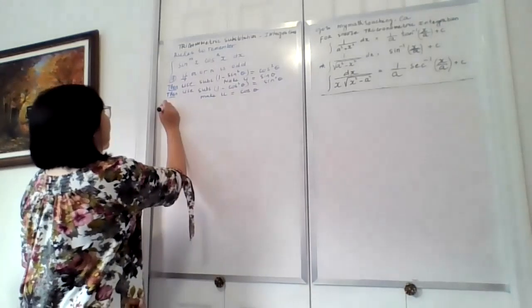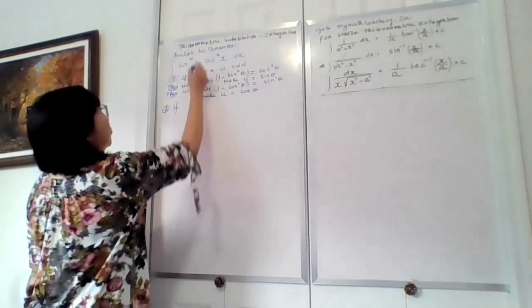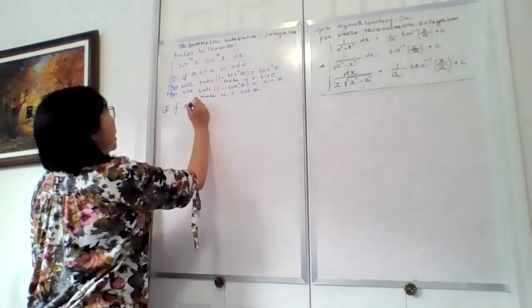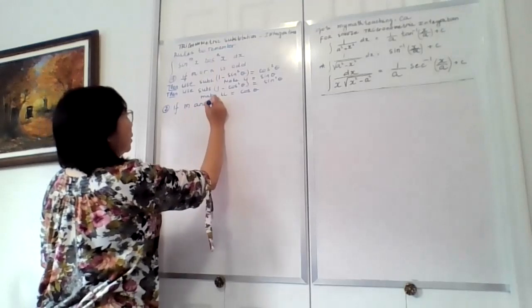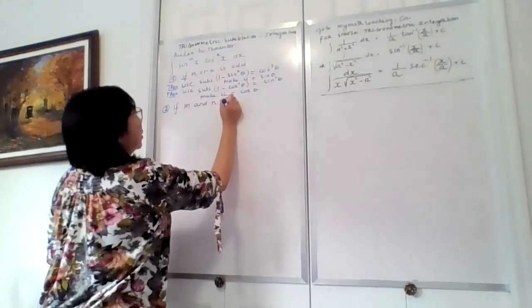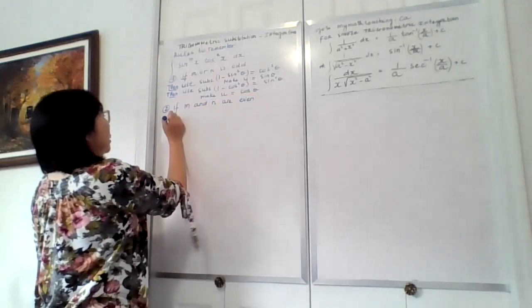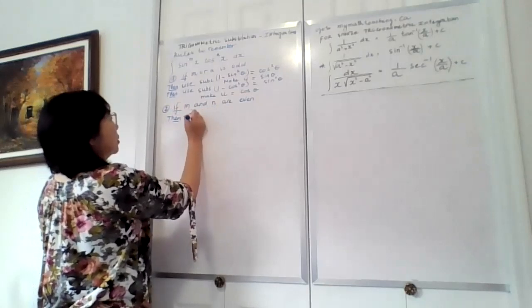So now, the second tip I give you: if the m power here and the n power here, if m and n are both even power, right? So if this, then use this.